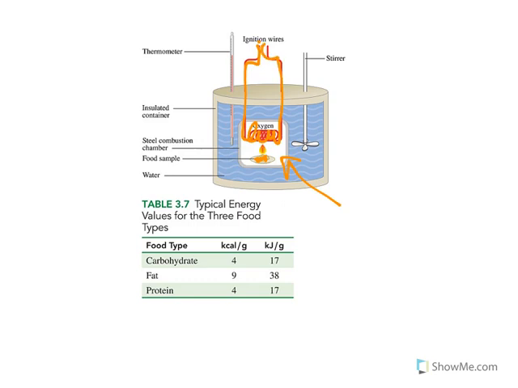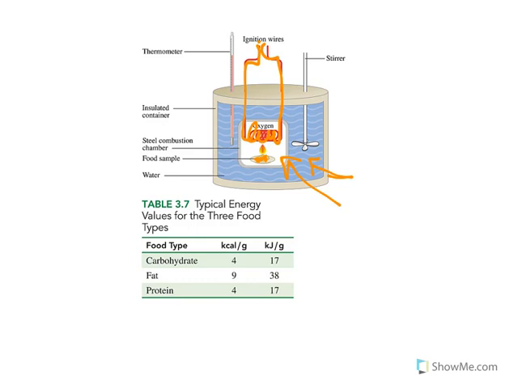As that sample burns, it heats up the water inside the chamber. As the water heats up, we have a thermometer here. We measure the change in temperature from the starting temperature to the final temperature. That change in heat is equal to the amount of heat given off by the food when it's burned. Since a calorie is equal to the amount of heat necessary to raise the temperature of 1 gram of water by 1 degree Celsius, we can use this information to determine how much energy was in the food.